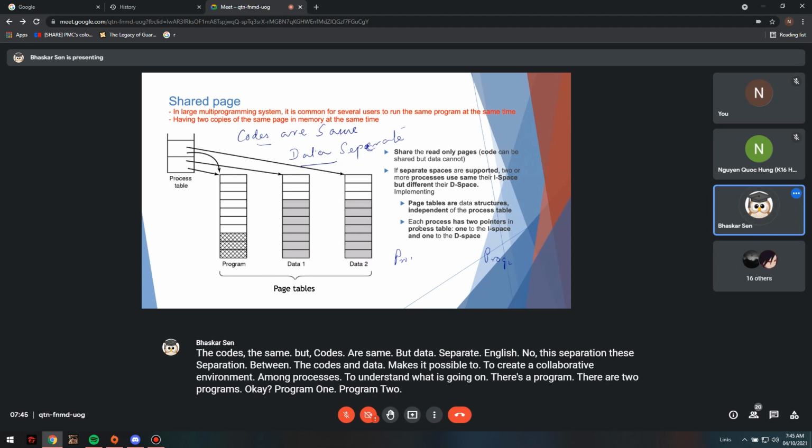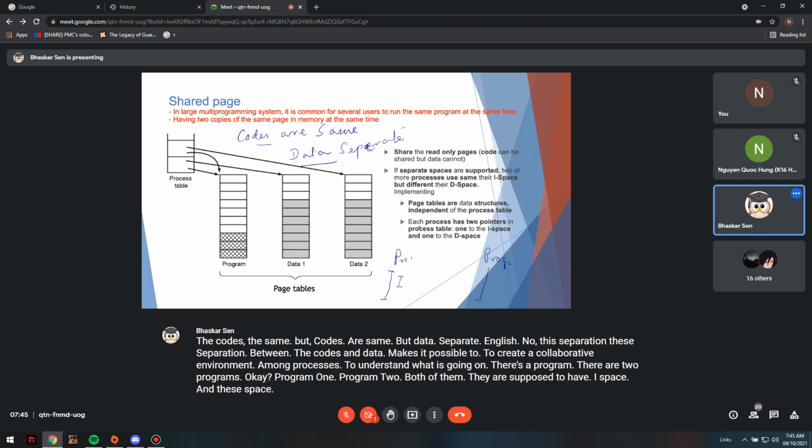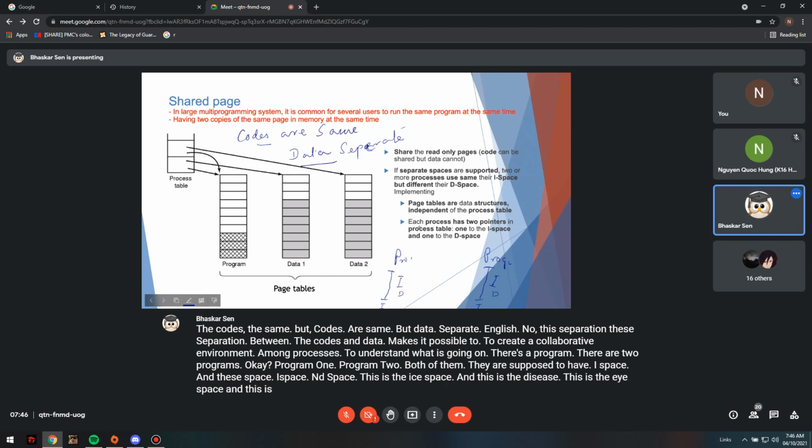Both of them are supposed to have an I space and a D space. This is the I space and this is the D space. Right? So far, they were individually linked by using a linker.